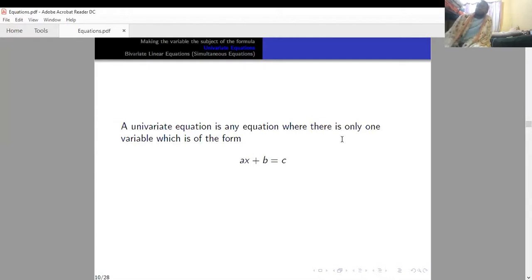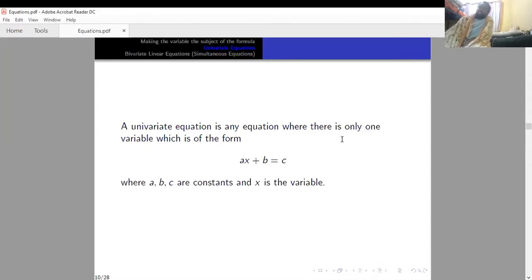If it was a square root, or x cubed, or maybe log a to the power x, or whatever the case may be, then it would not be the kind of value we are working with. But because it is ax plus b equal to c, it is linear and x has the exponent 1, where a, b, and c are constants.